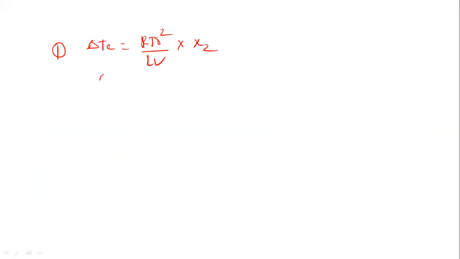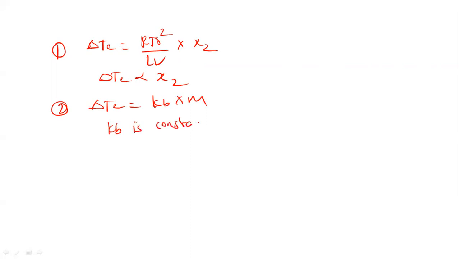So we can say that delta Tb is directly proportional to X2: the elevation in boiling point of the solvent is directly proportional to the mole fraction of the solute. This is one. Then the second equation, delta Tb is equal to Kb into molality, where Kb is a constant, the molar elevation constant. Then we can write that delta Tb is proportional to molality: the elevation in boiling point of a solvent is directly proportional to the molality.